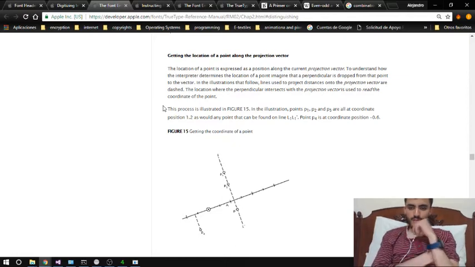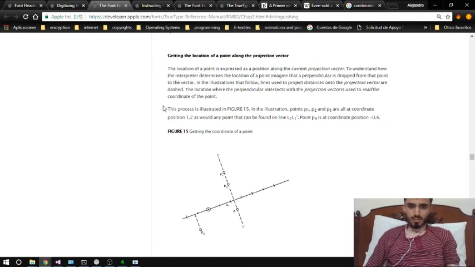Lines used to project distances onto the projection vector are dashed. The location where the perpendicular intersects with the projection vector is used to read the coordinate of the point.